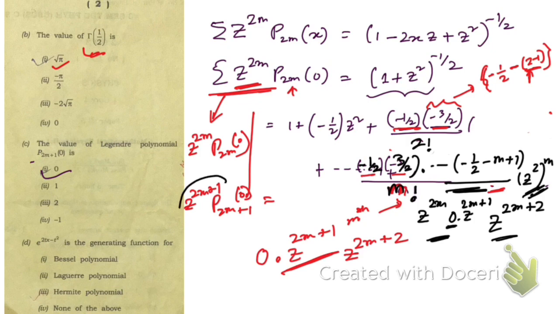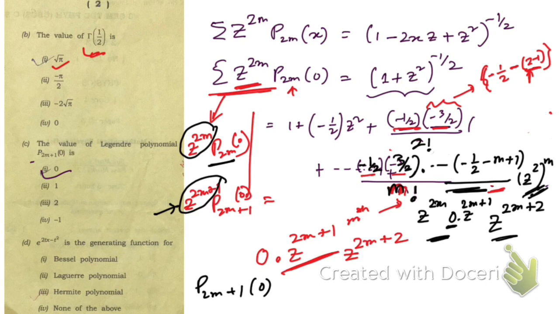So on the left hand side, we're going to get p twice m plus 1 of 0. This is the coefficient of z to the power twice m plus 1, because the coefficient of z to the power twice m on the right hand side is p twice m of 0.